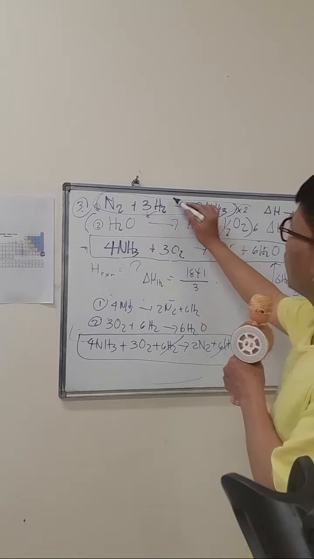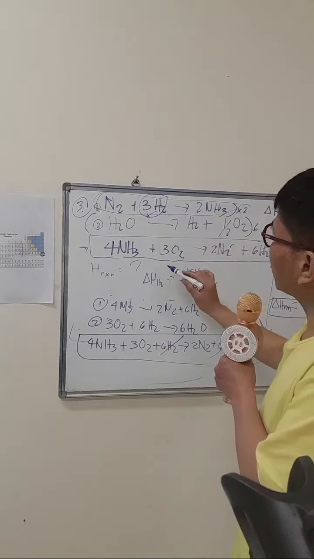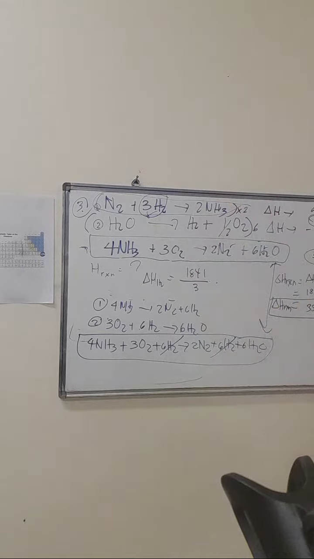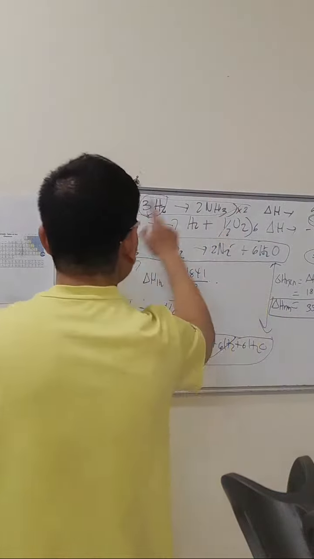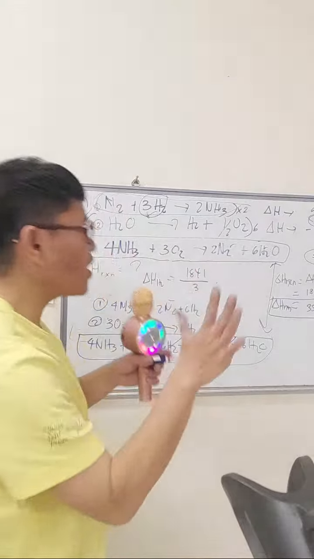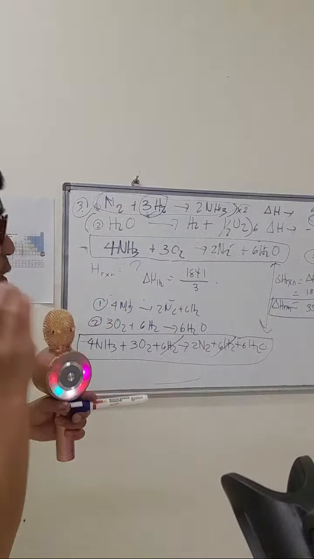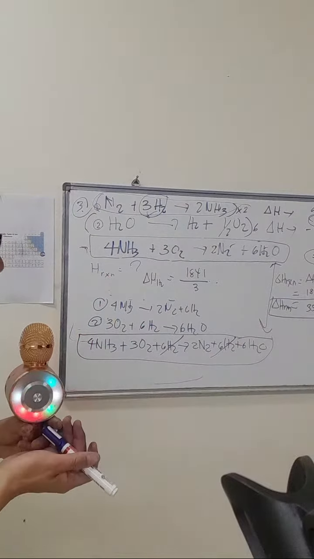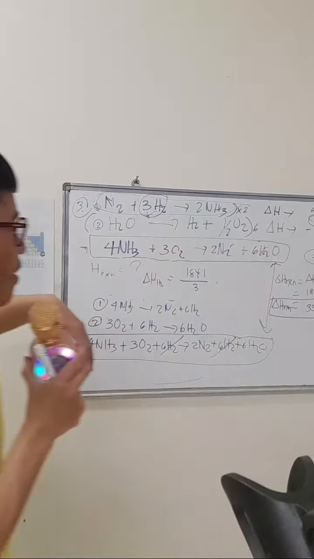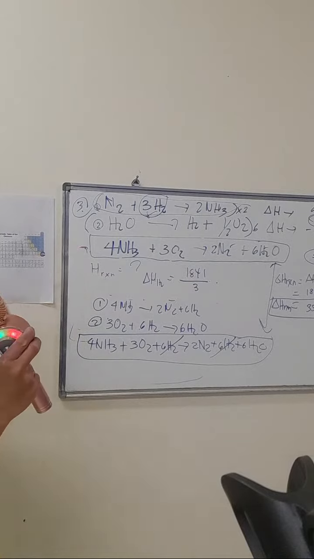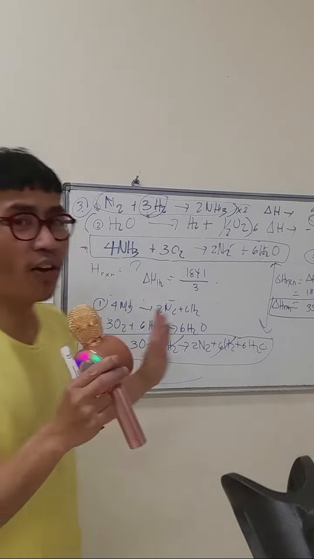So this will be your enthalpy change of hydrogen gas individually. Okay, N2, H2, ammonia, water, H2, oxygen gas. Each element and compound there has its own enthalpy change basing on the enthalpy of the reaction mentioned in the problem. Okay, so this will be a backup question already.